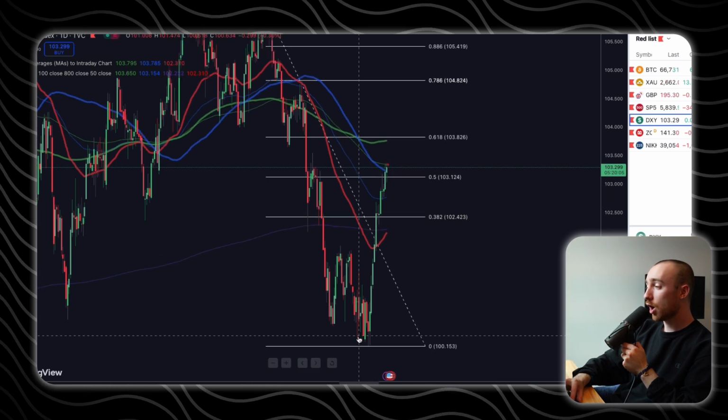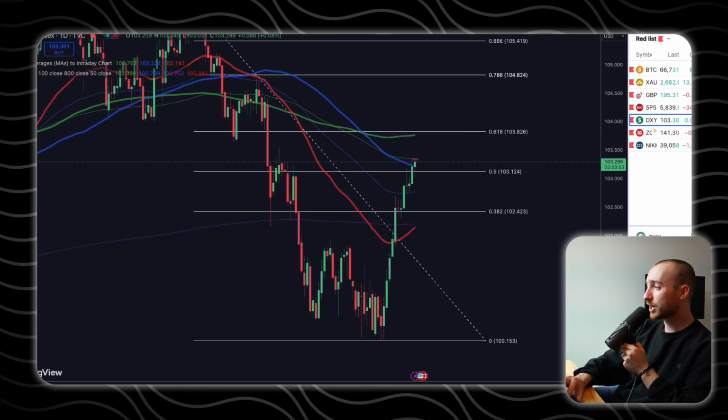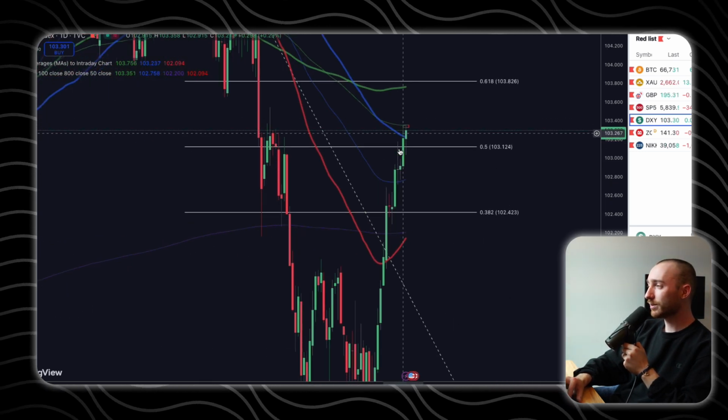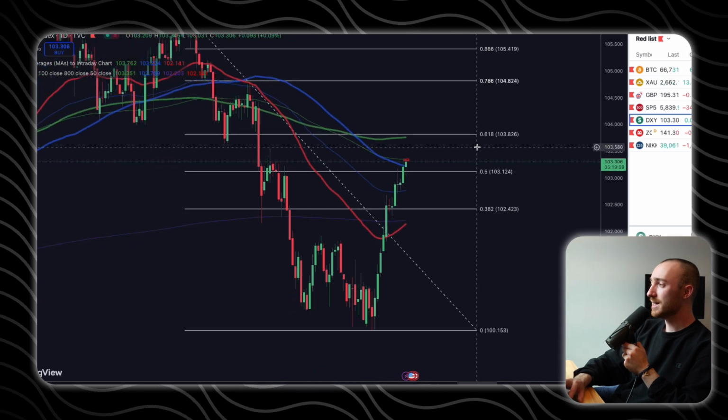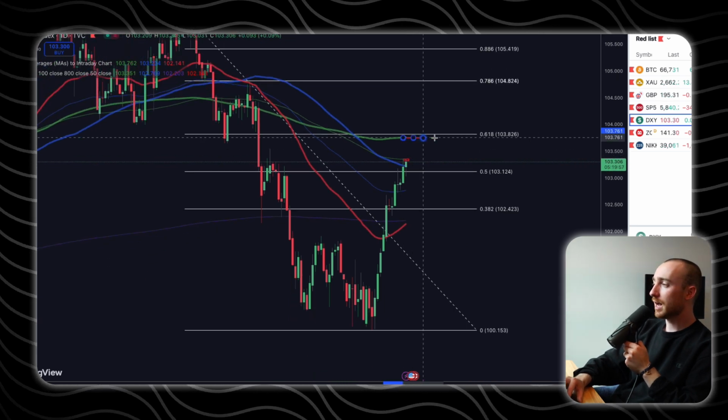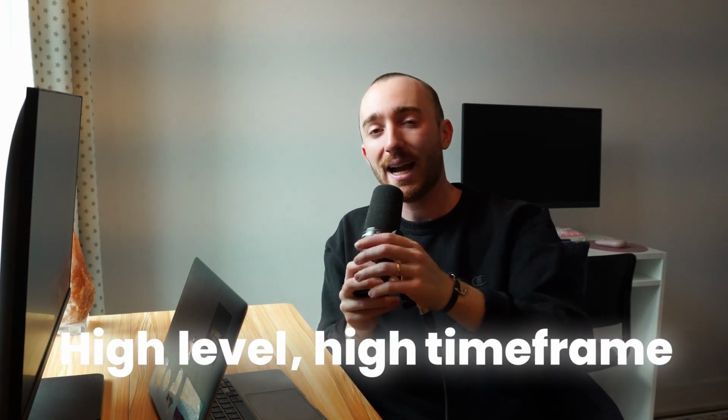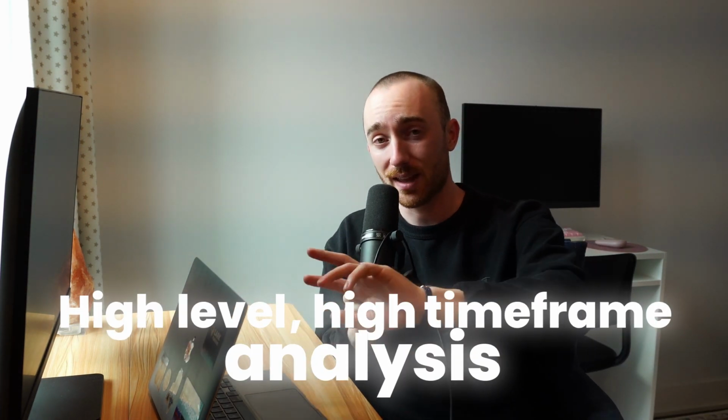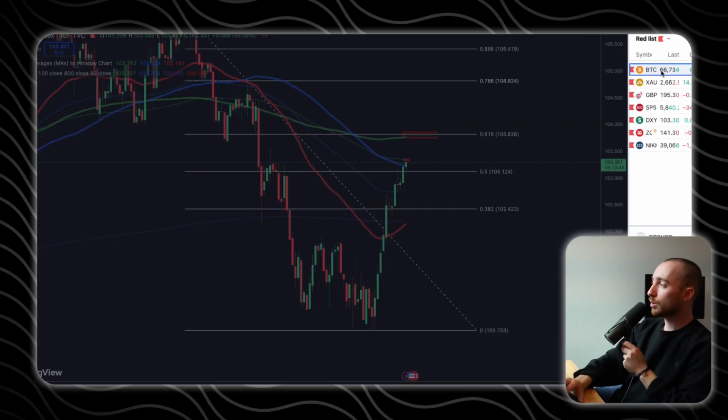And we're starting to have a lot of friction in this area. It's been several days now that we haven't been able to break higher. The 61 could be a nice area as well. So we're always doing our high level, high time frame analysis on the dollar index and then translating it over to gold, to all of our US denominated assets, including Bitcoin.